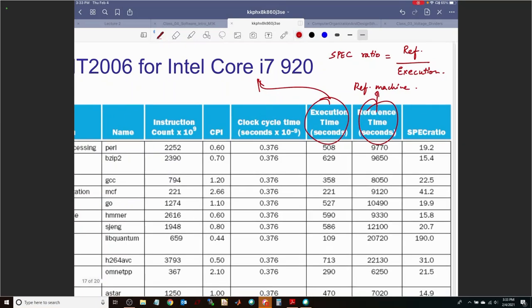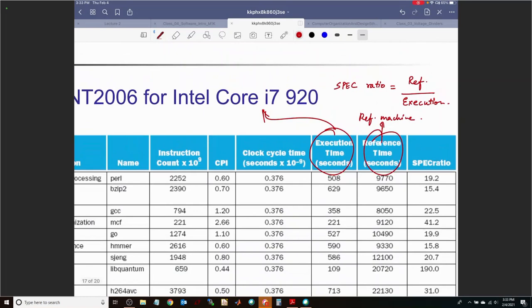Now, would you want the SPEC ratio to be higher or lower? Higher, right? You want that reference machine to be left behind.